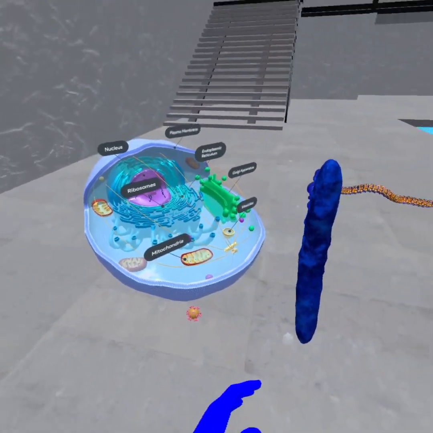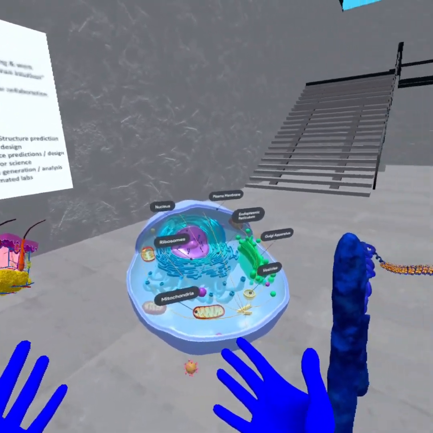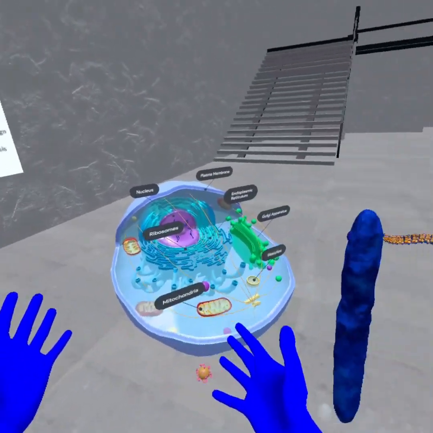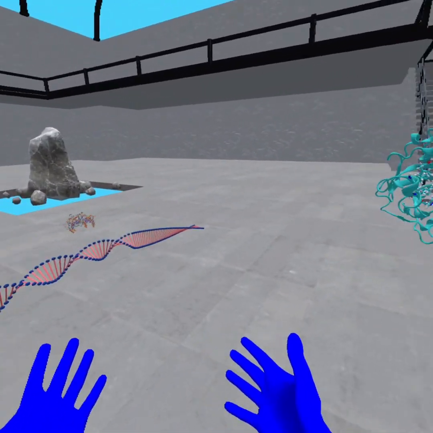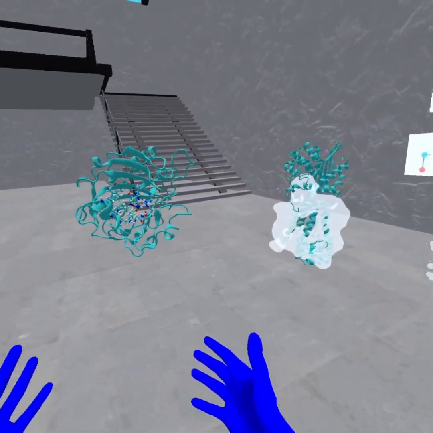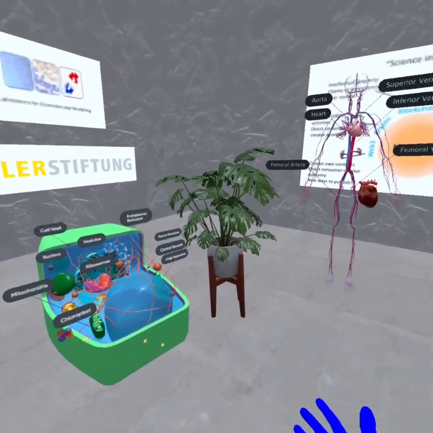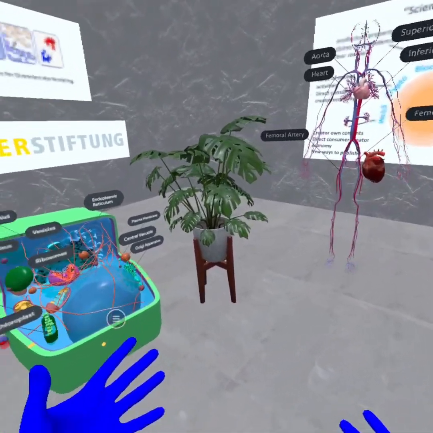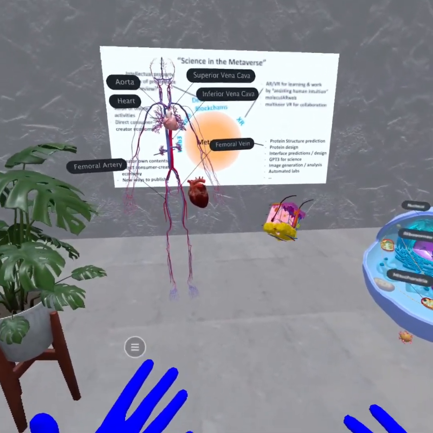here. And what we have set up in this virtual reality scene is a series of 3D models that cover topics about chemistry and biology. The idea of the presentation that we prepared in VR is to have multiple people seeing, interacting with the objects, teaching and learning in virtual reality.